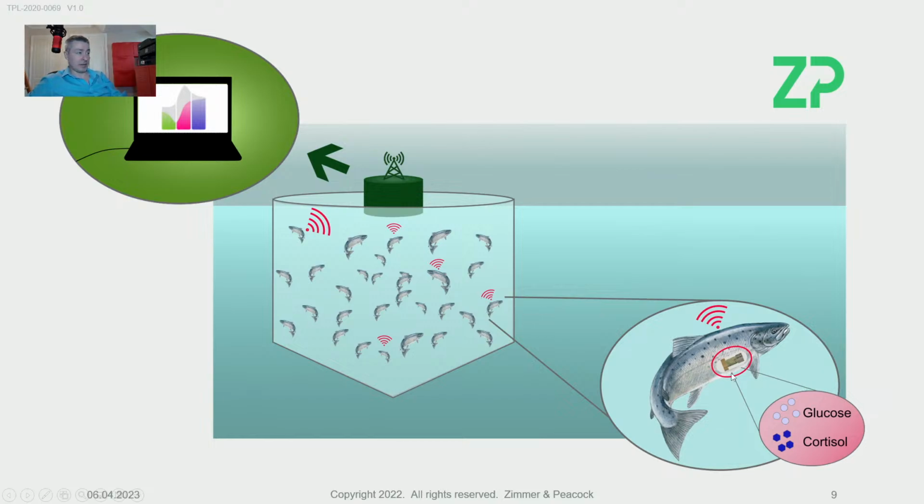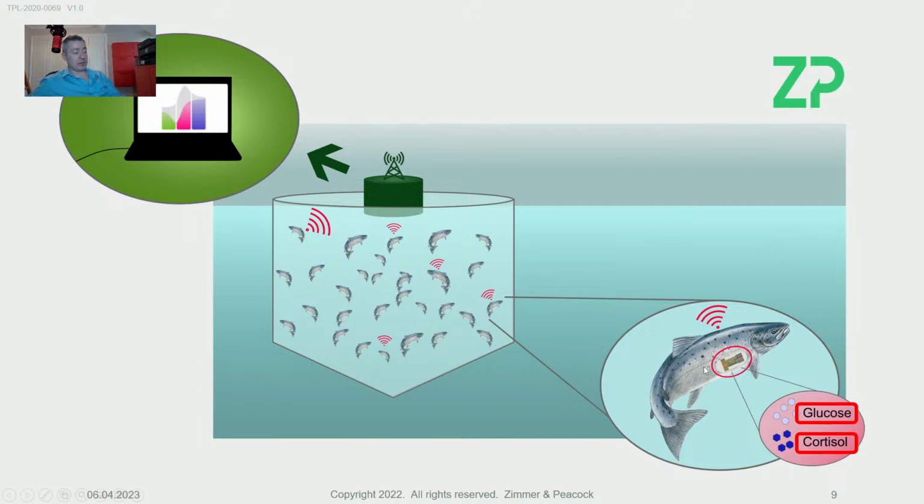So we have a sensor, I'll talk about the package in a minute, and we're measuring the glucose and the cortisol in fish. It's all the same technologies that you would otherwise use in mammalian applications, including human health. But the nice thing about fish is things like FDA approval are a lot more straightforward, let's say.